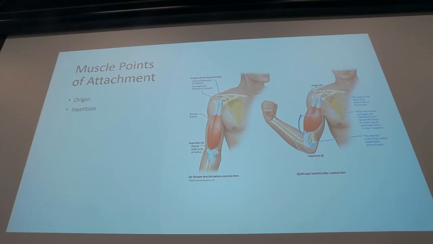So with this muscle, when you have the origin fixed here, and then you contract your muscle, you're going to move the insertion, so that's where you're going to apply the force. So that will make this ulna and the radius to be pulled towards these bones in here.